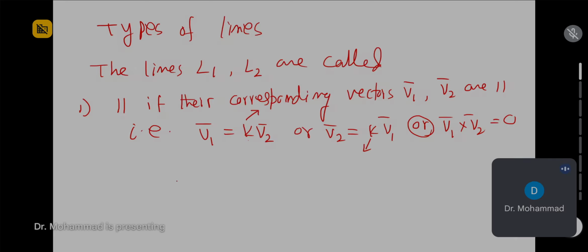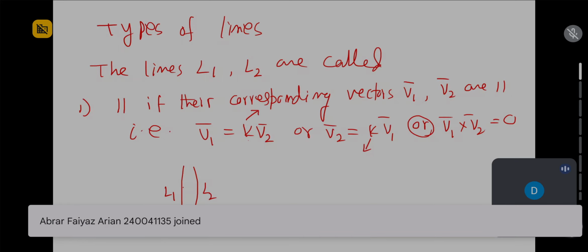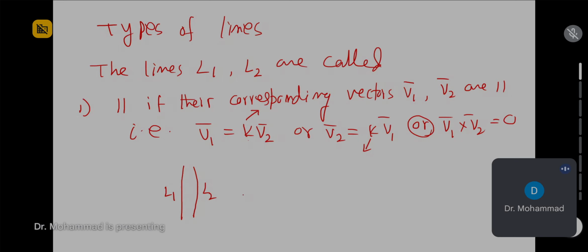If the two lines, for example L1 and L2, are parallel, it means maybe L1 is a scalar multiple of L2, or L2 is a scalar multiple of L1. That's why we multiplied by some scalar, say k. Okay, sir, got it.